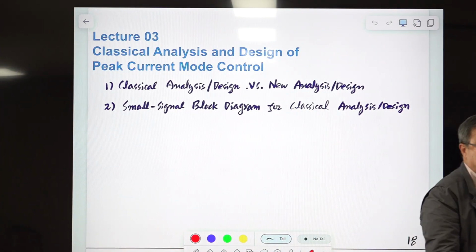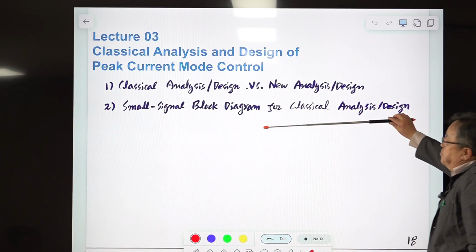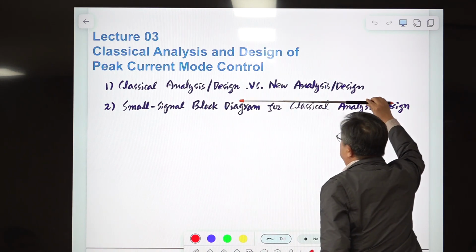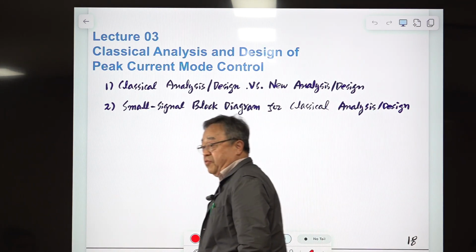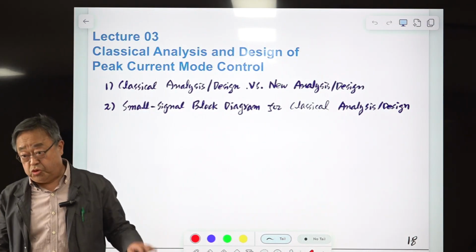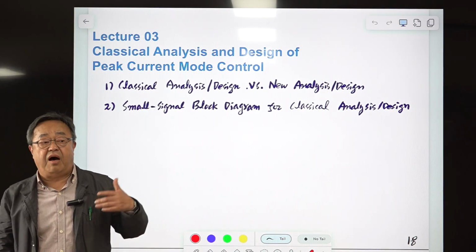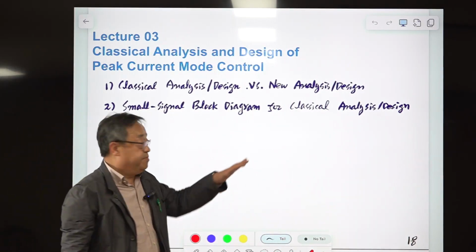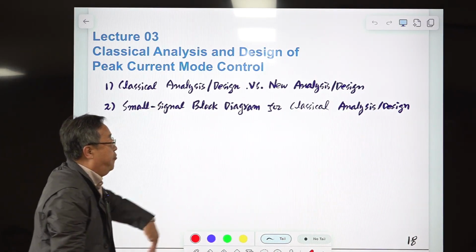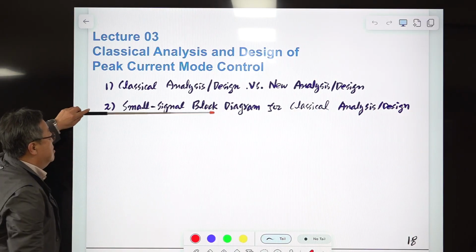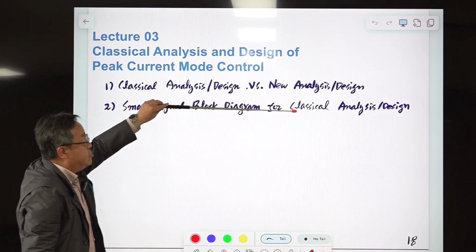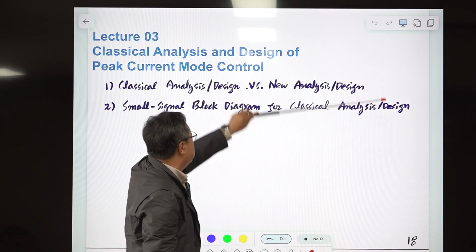First I'll explain what is classical and what is new in the analysis and design of this current mode control. I think I already said this several times, but in this lecture I'll redefine the terms classical analysis and design versus new analysis and design.